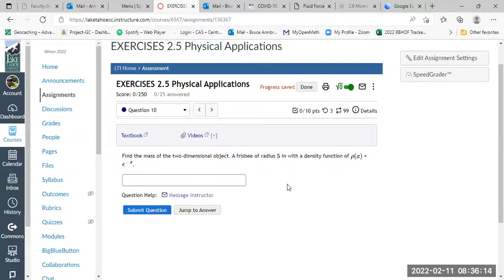So we've got it here, radius 5, and a density of rho of x equals e to the minus x. Now, I'm just going to tell you, reading this question, I think they have kind of miswritten this. I think what they mean with that density function is that it's not a rho of x, but a rho of r.